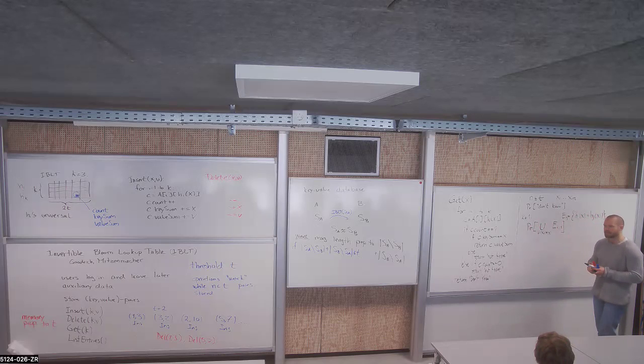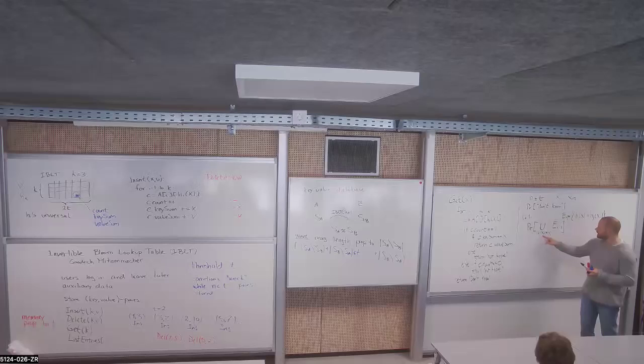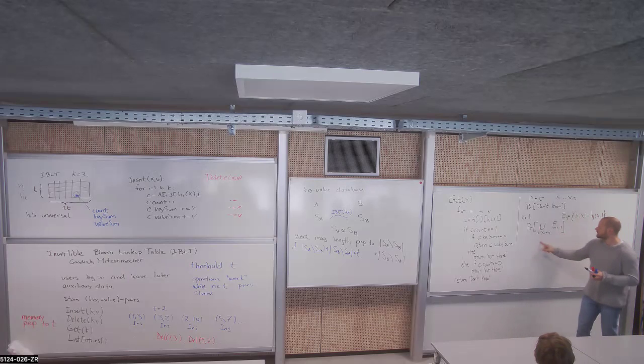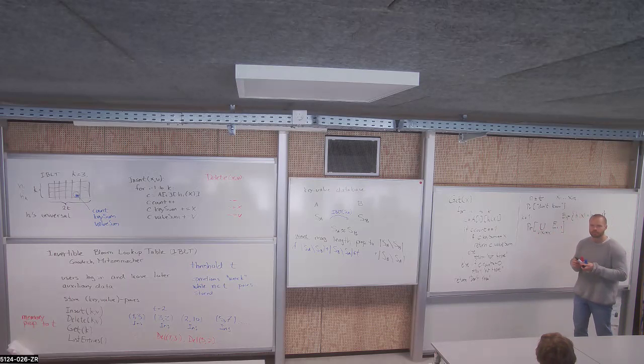This makes sense. This is the event that we care about. This event is the union over all elements that are not equal to x, of having a collision between x and xi. This is saying at least one other item is colliding with us when we use our hash functions in the first row. Okay.